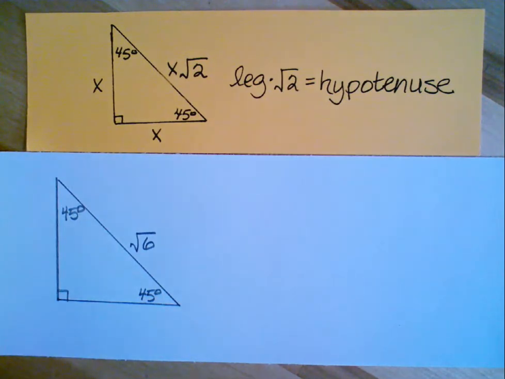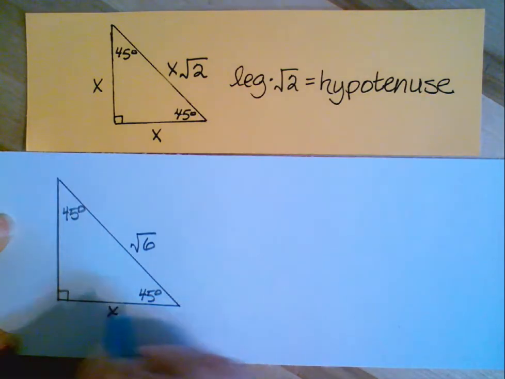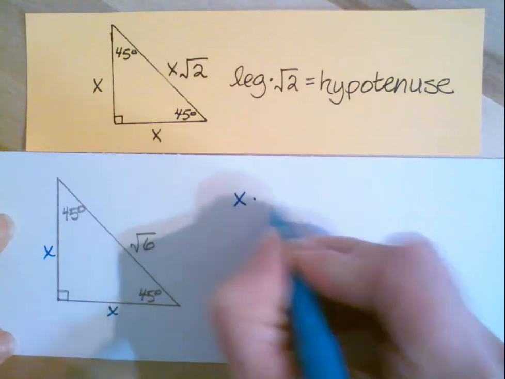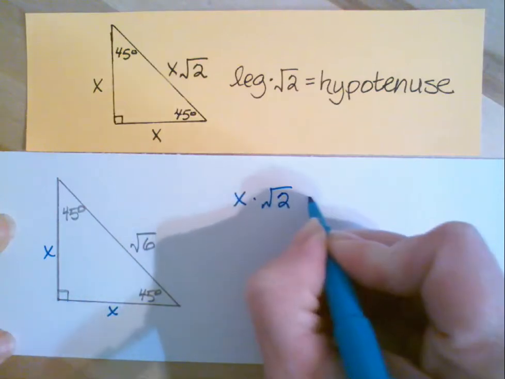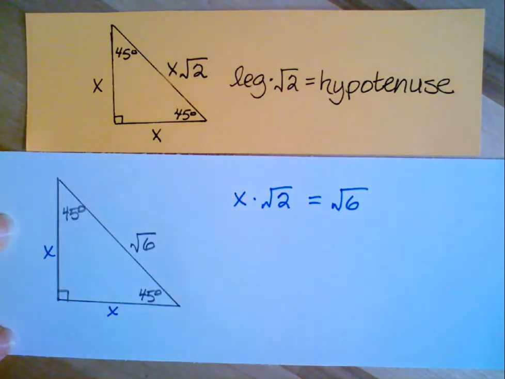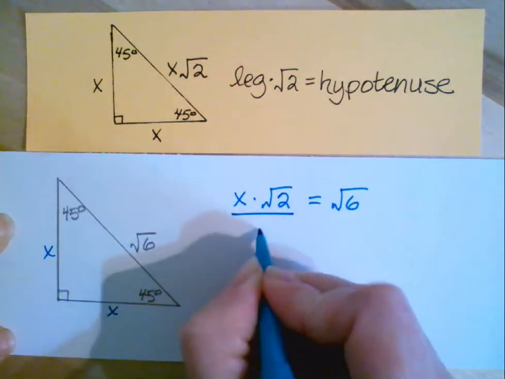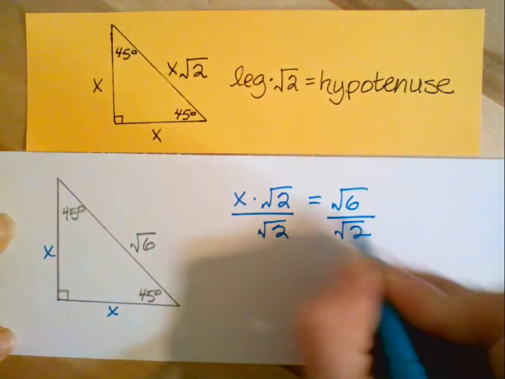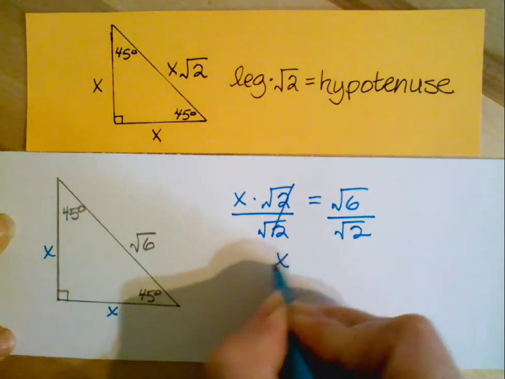Okay, so on this one, here again, we're going to start it the same way. Let's let x be the length of the leg. So the length of the leg times the square root of 2 has to equal the square root of 6. Same process as before, divide both sides by the square root of 2. There on the left, we're left with x.